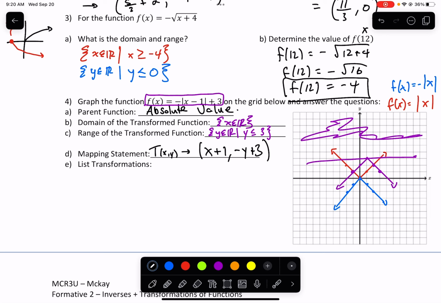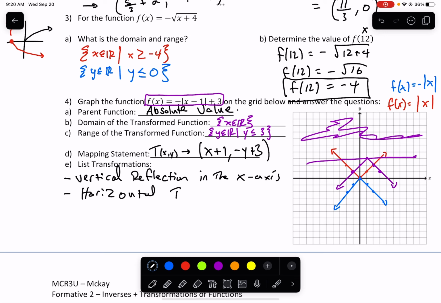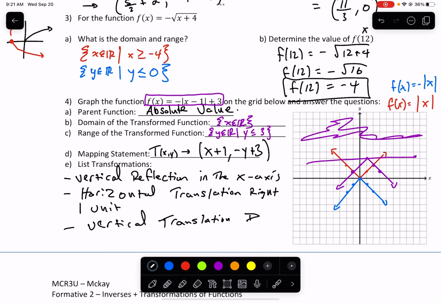So the transformations there would have been a vertical reflection, a horizontal translation right 1 unit, and then a vertical translation up 3 units.